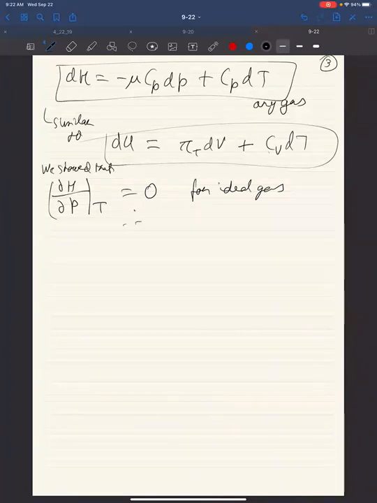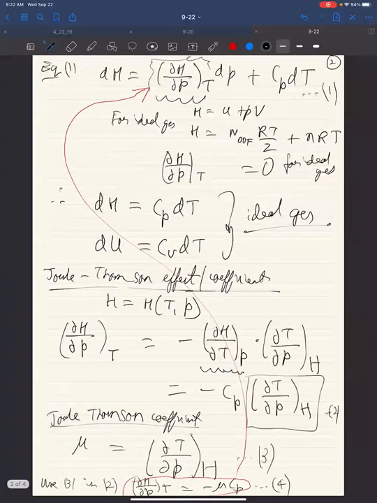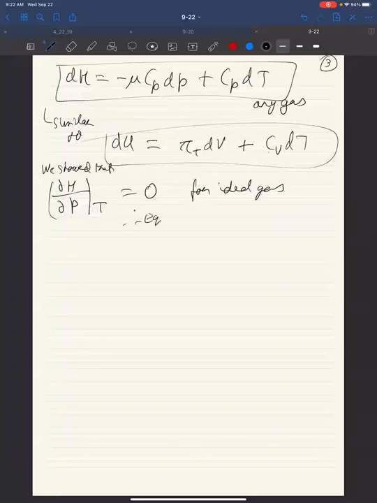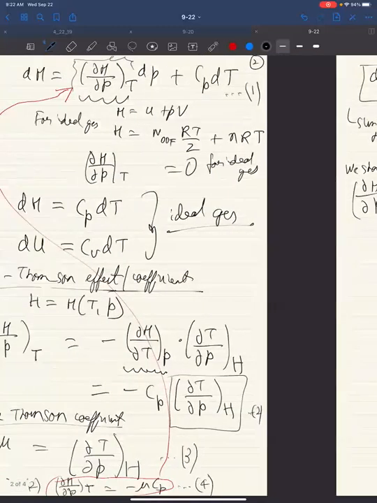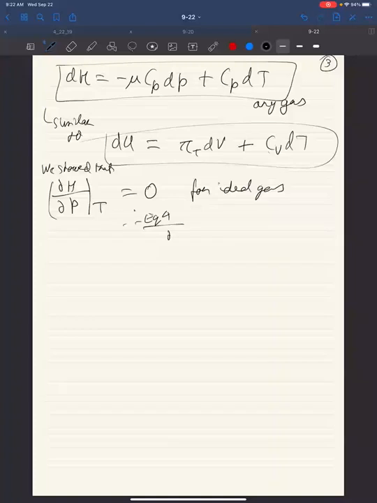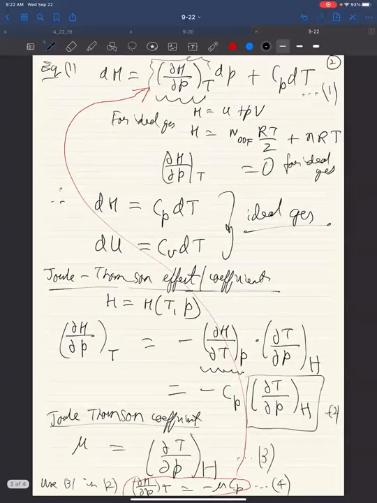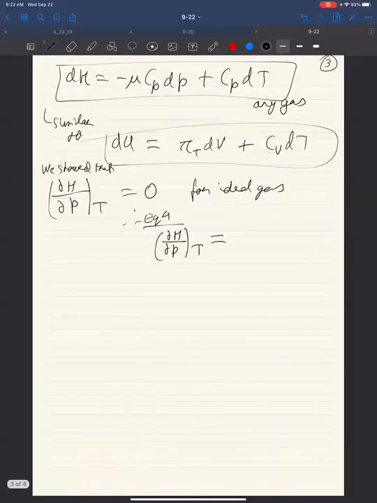Therefore, just to write down what you mentioned, equation 4 says partial H by partial P at constant T is equal to minus mu Cp.